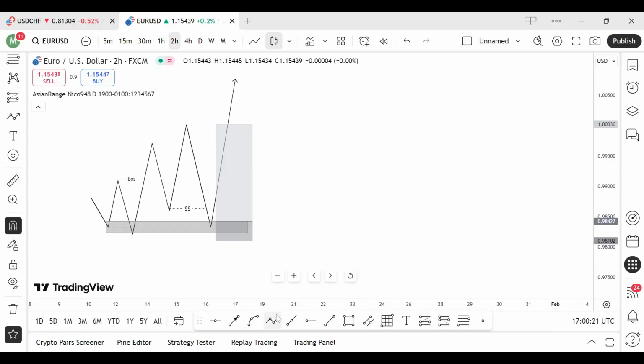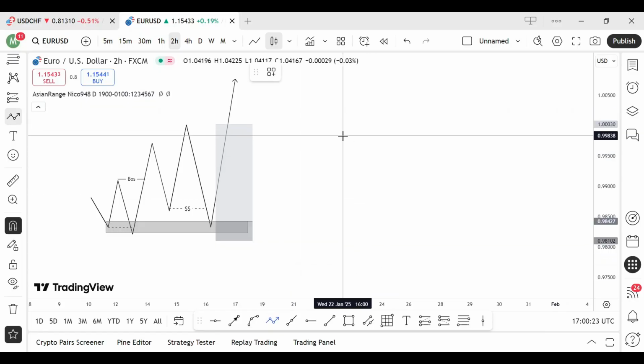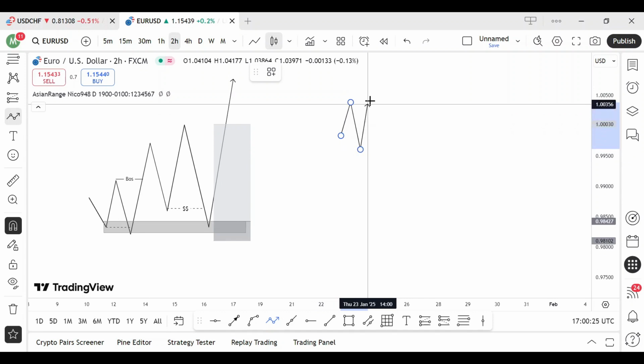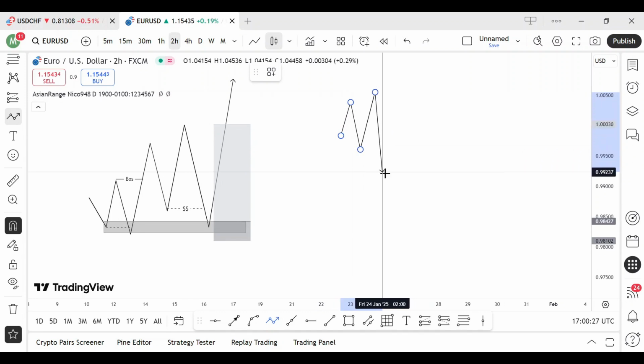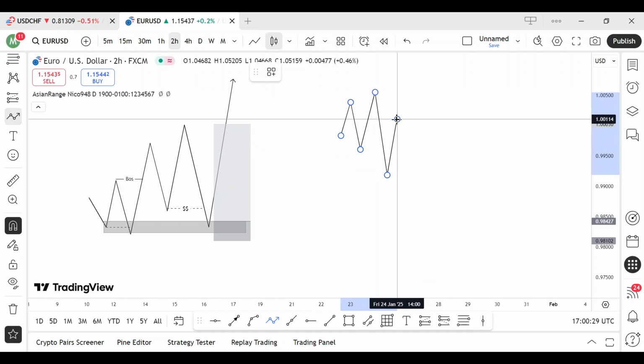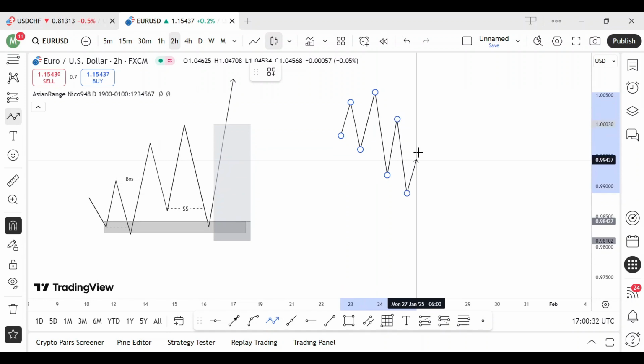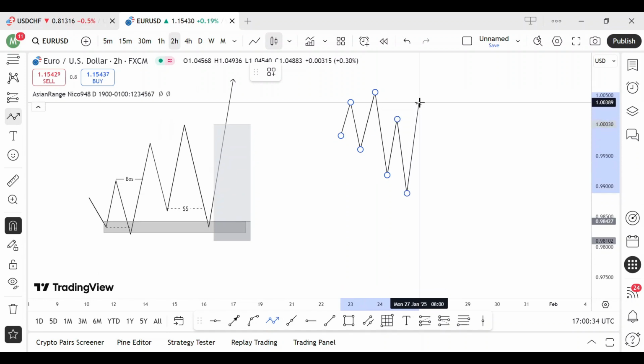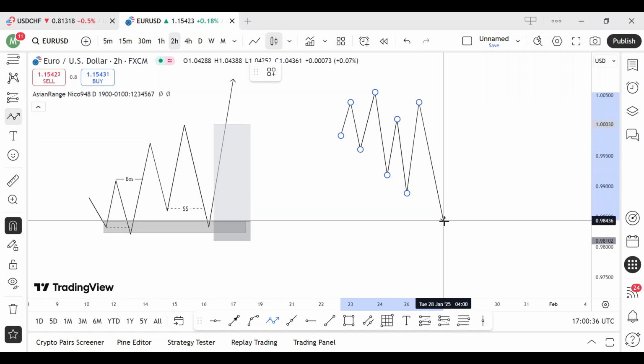Now for a sell, it's basically the same thing. We wait for a sweep of the previous high, a break of structure, a liquidity, another break, then we wait for price to retrace back into our supply zone before the impulsive move.